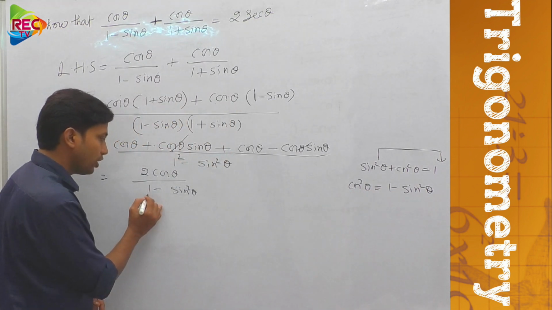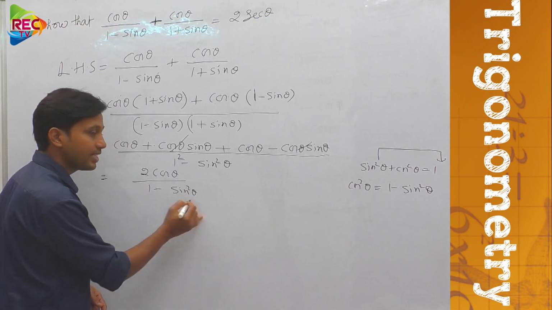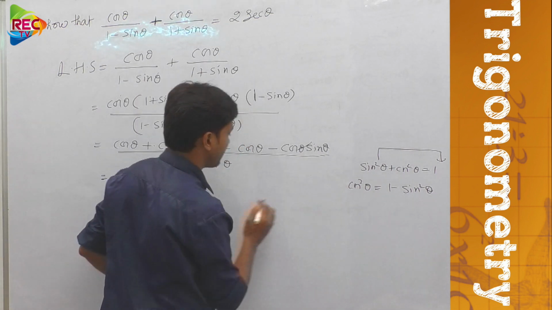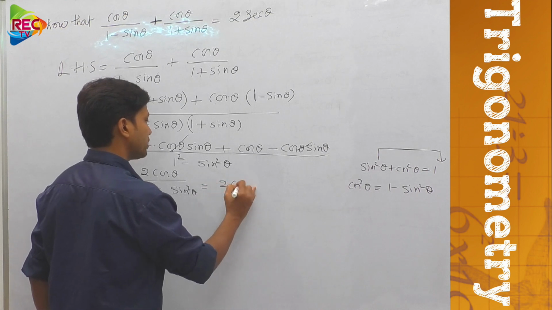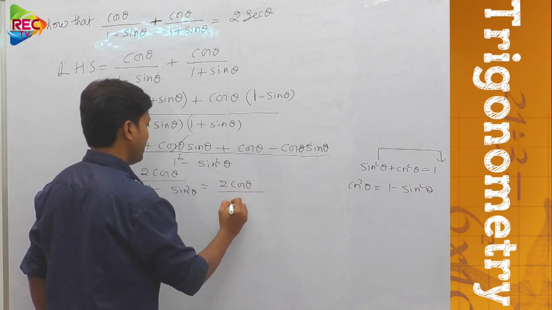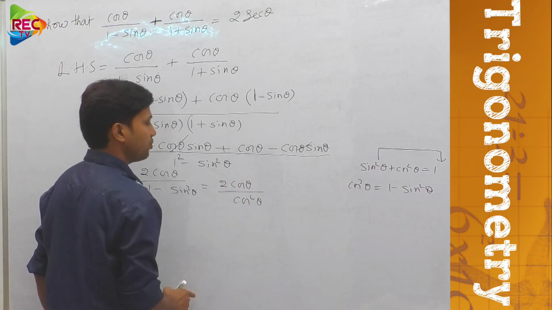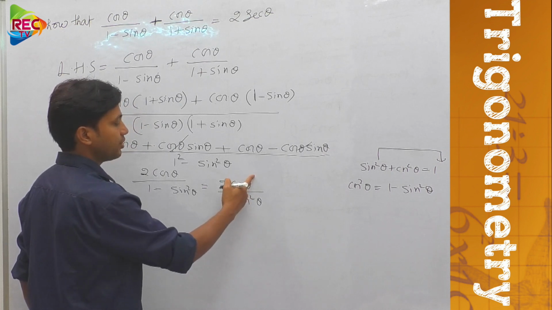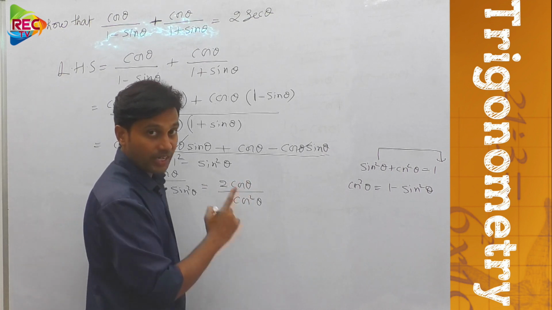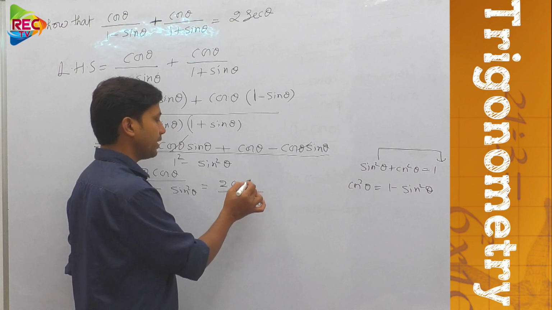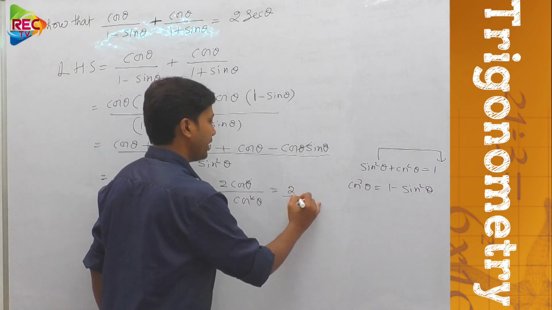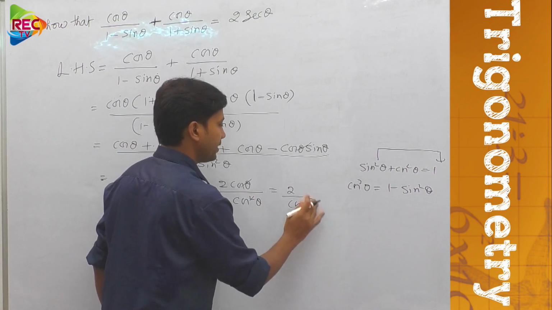So here in the denominator, 1 minus sin square theta is there, no? We can replace that with cos square theta. So that would be 2 cos theta by cos square theta. Cos theta is there in the numerator and cos square theta in the denominator, we can cancel one of them and therefore 2 by cos theta remains.